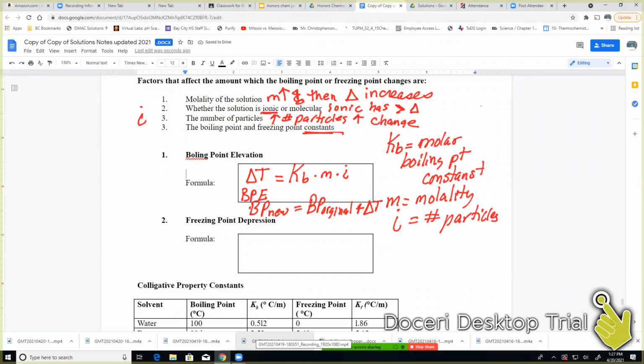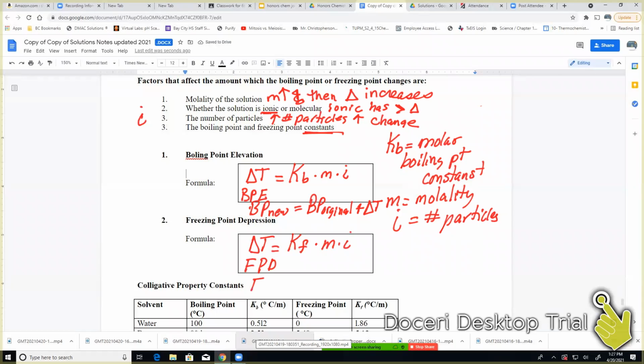So for freezing point, it's pretty well the same. Delta T is going to be equal to Kf times m times I. That's the only change. So this is for my freezing point depression.